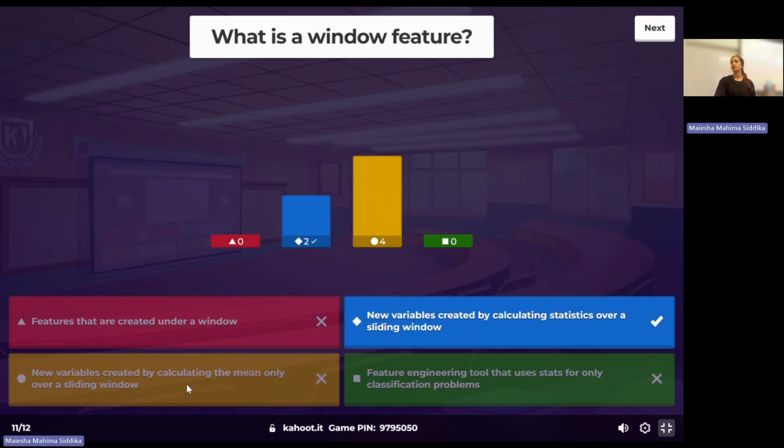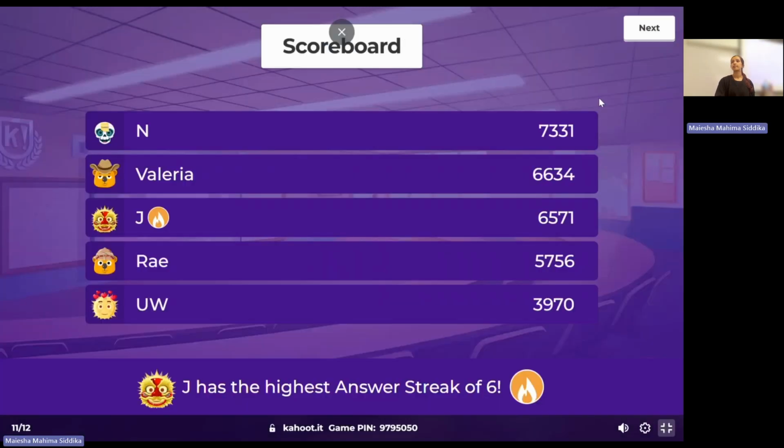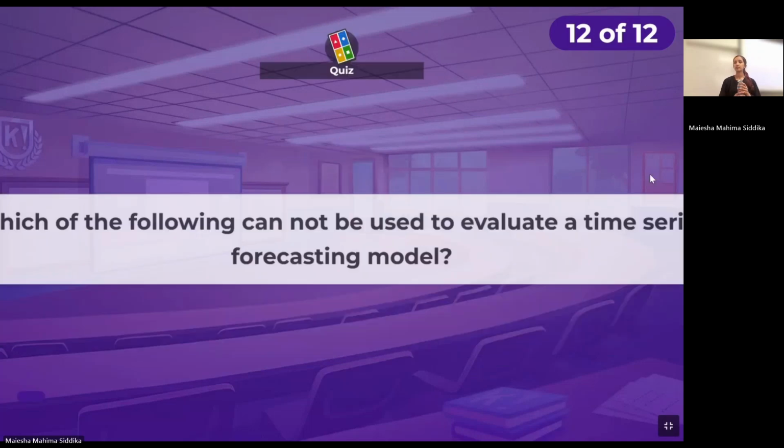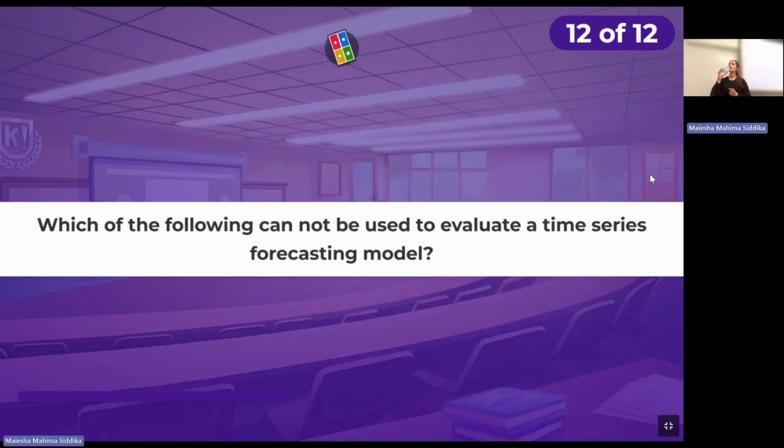Wait a minute. Yellow, new variables created by calculating the mean only. So the keyword here is mean only. That's quite difficult actually. Okay. Last question, make or break.